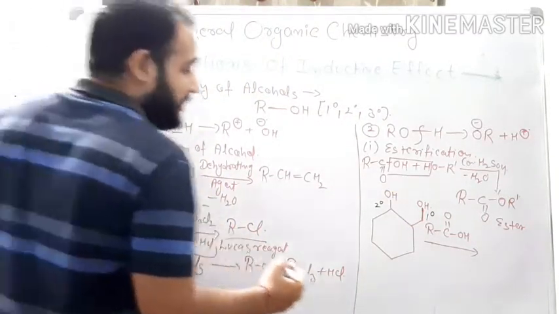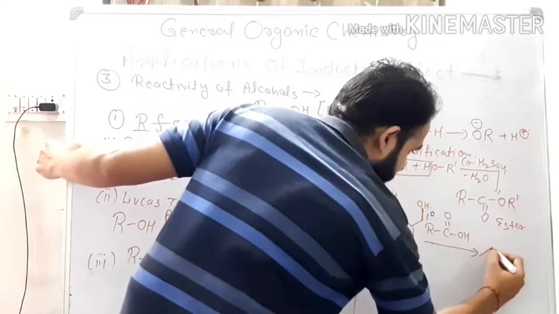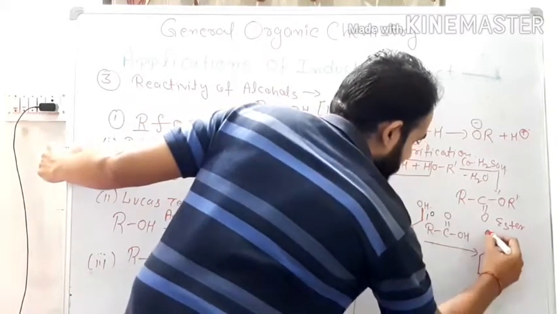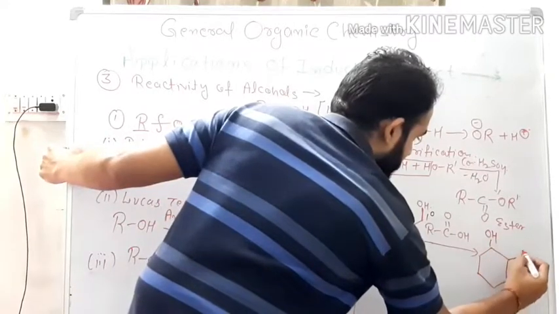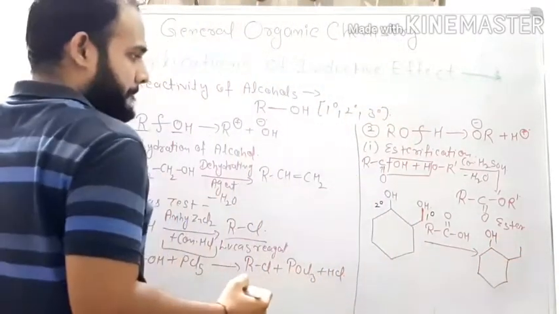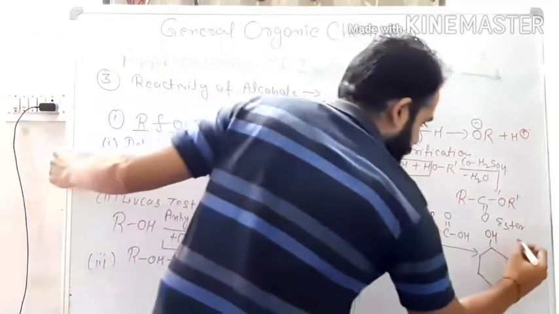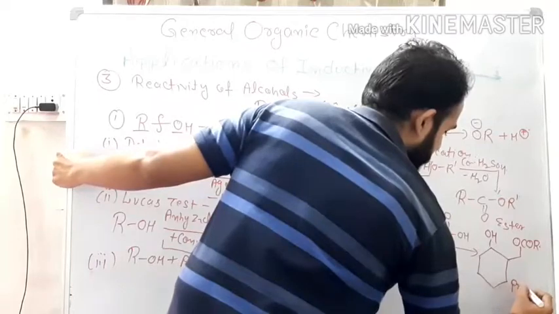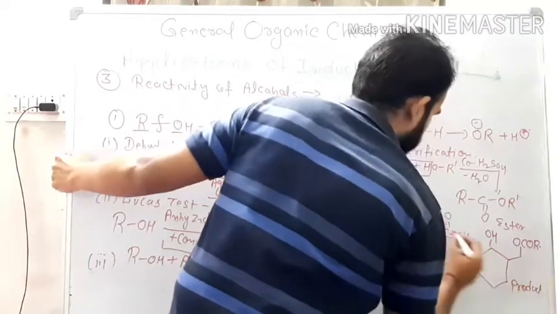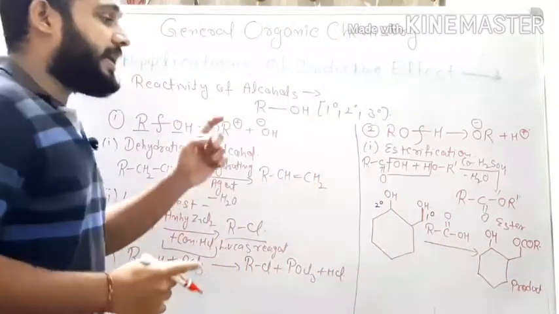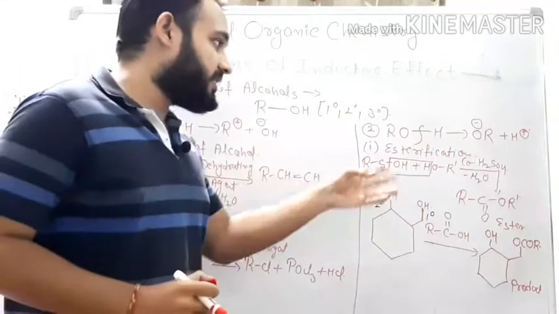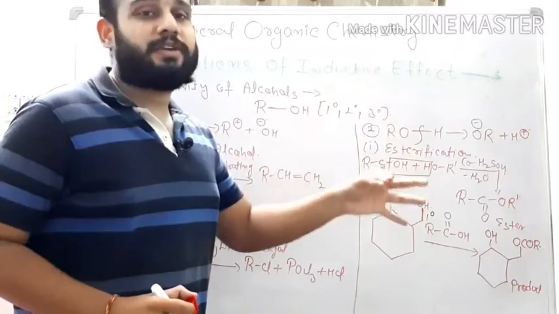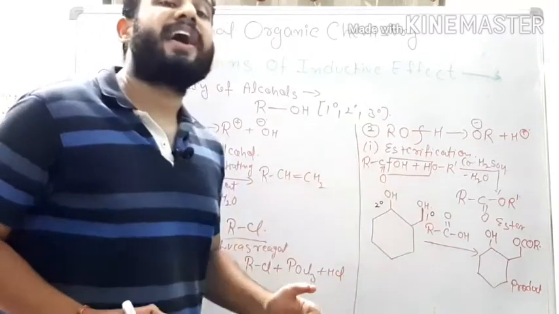So now what is the possibility of product? We have this product, because it is a primary alcohol. Now I hope you understand why this inductive effect concept is very important in the reactivity of alcohols.